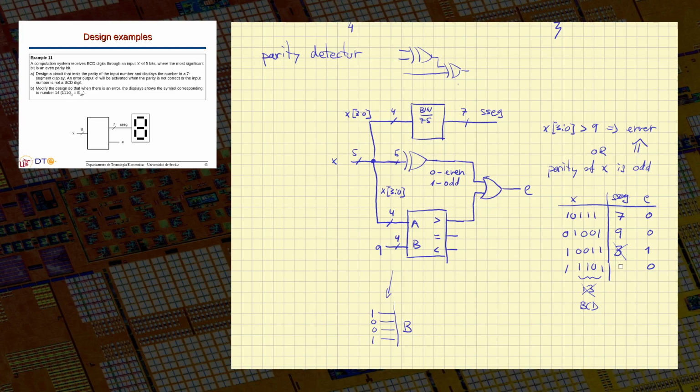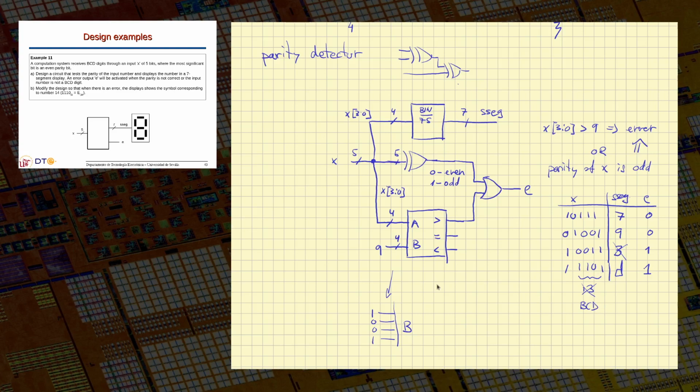If this has been designed as a hexadecimal 7-segment converter, it may represent number 13, which is the letter D. So it may represent something like letter D in my 7-segment display. We don't really know, it depends on the details of the converter, but in this case this will be an error, and we will detect that there's an error not in the parity, but in the BCD representation.